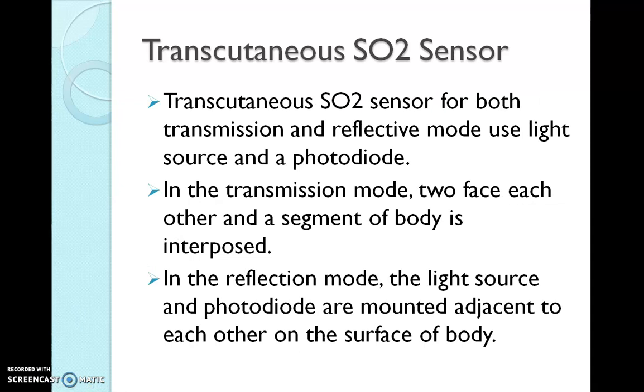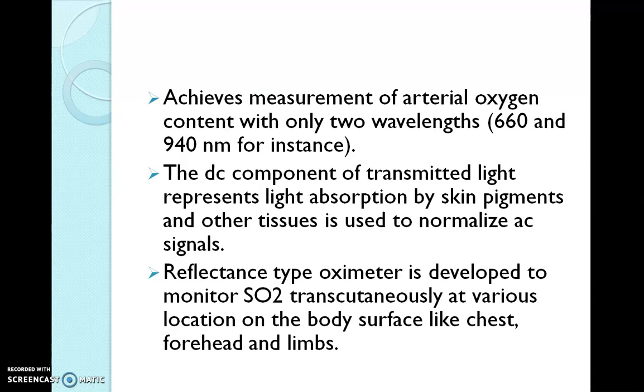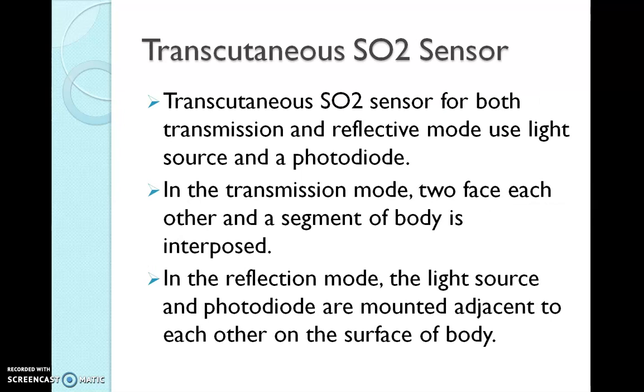Because of these and other significant improvements in the instruments, measurements of ear, toe and fingertip oximetry are widely used. Non-invasive measurements of SO2 can be made with 2.5% accuracy for saturation values from 50% to 100%. Next we discuss the transcutaneous SO2 sensor.